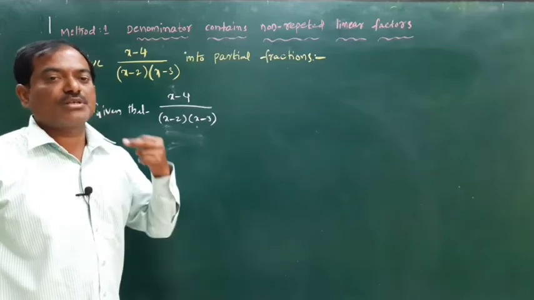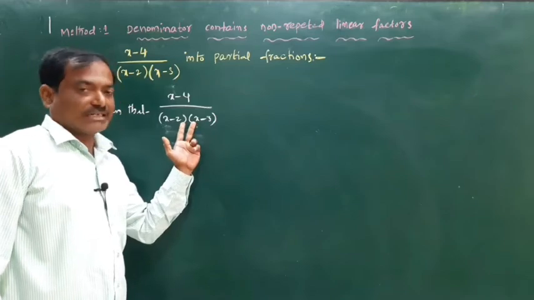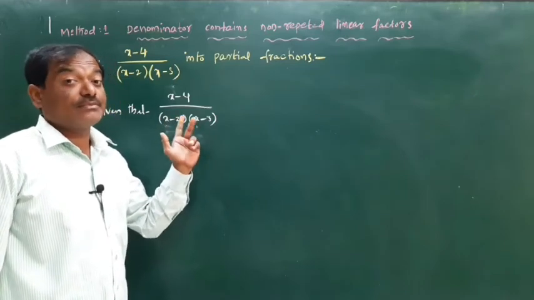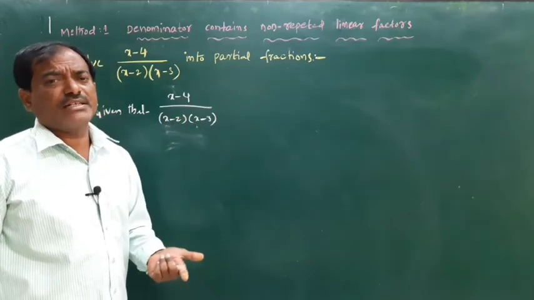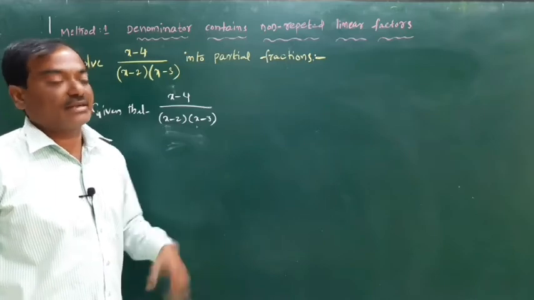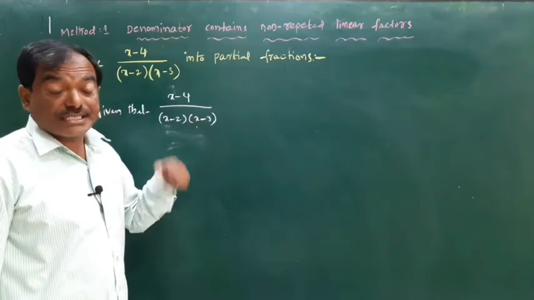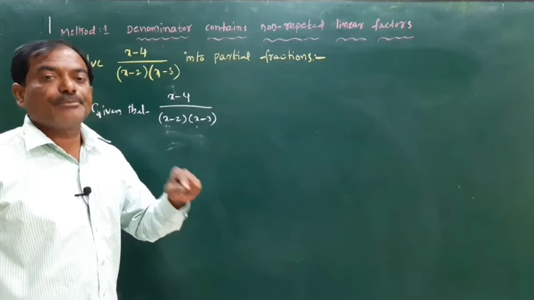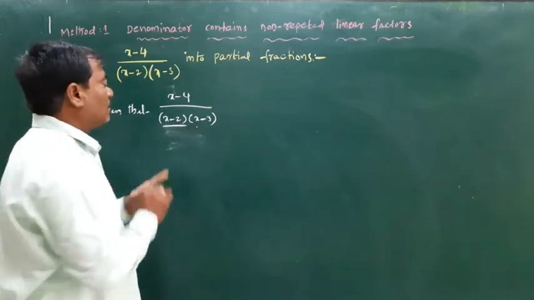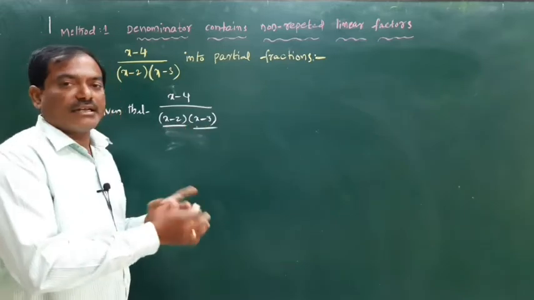There are two types of characteristics: g of x contains non-repeated linear factors, or repeated linear factors. Here g of x contains two non-repeated linear factors. This is one linear factor and this is another linear factor.